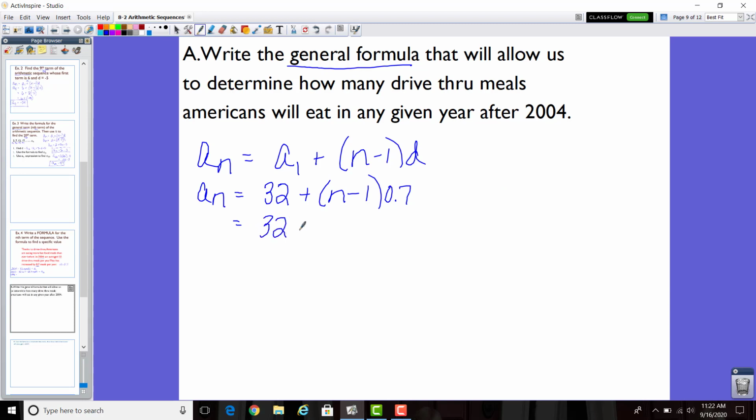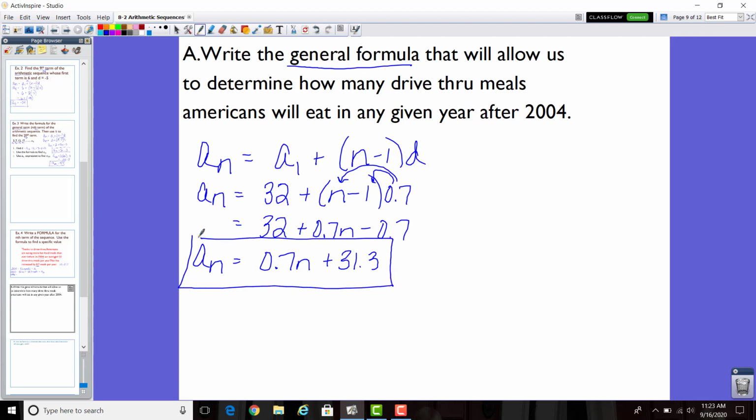So that's going to be 32 plus 0.7n when I distribute my d into n minus 1, minus 0.7. So in any given year, we can calculate how many meals we're going to eat by taking 0.7 times the term we're looking for, so what term represents our specific year, plus 31.3.